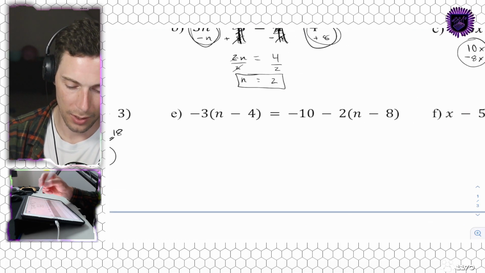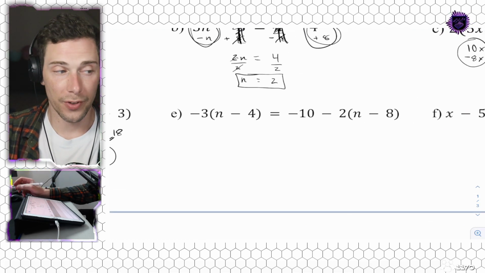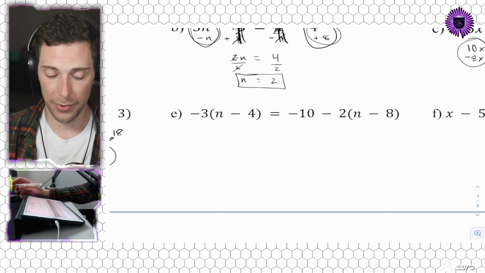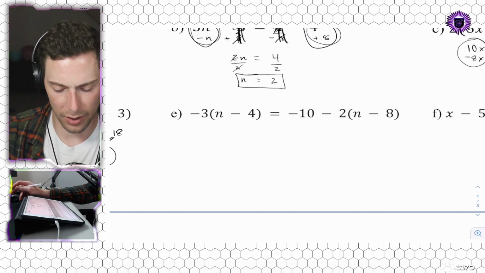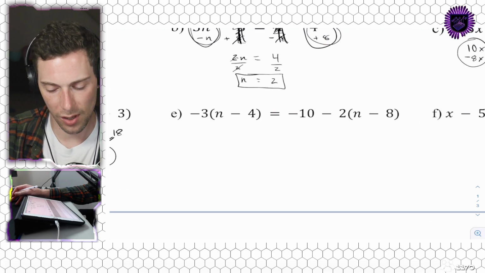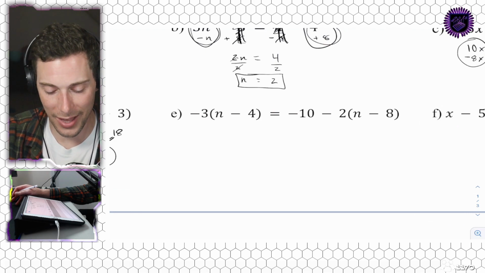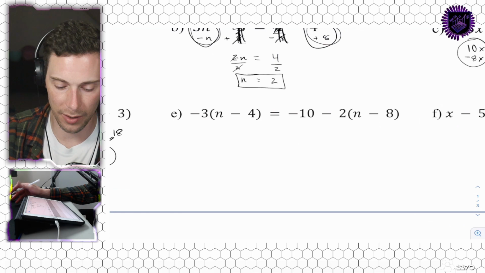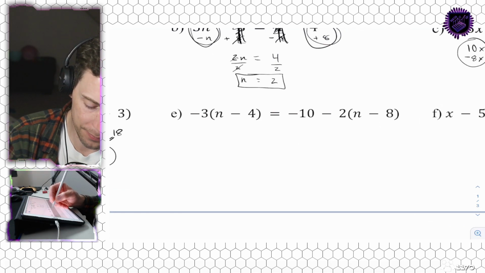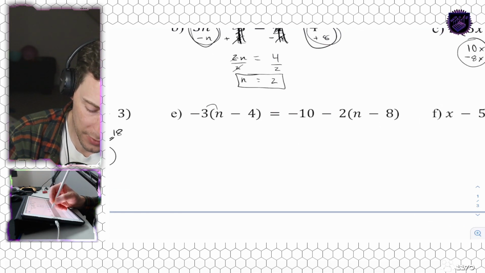All right. Distribute first. We got to distribute. The first step is always distribute. Then we're going to need to remix, or combine like terms. Then we'll start to isolate variables. Okay. So first one, that's going to be negative 3n.